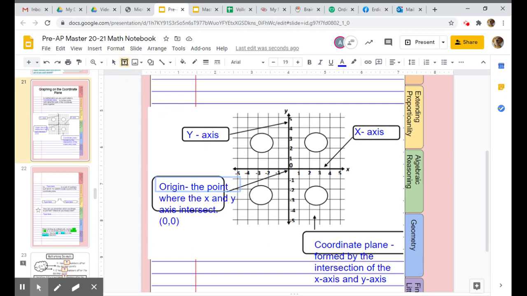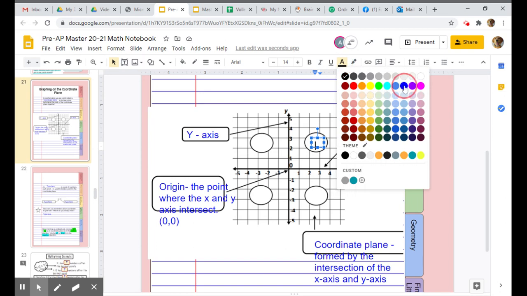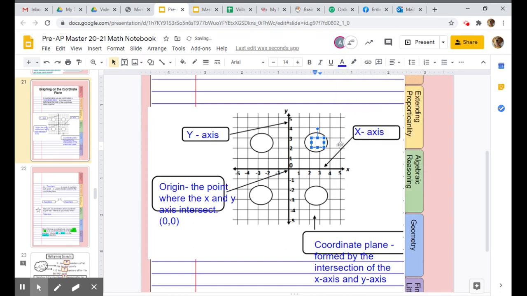Okay. Now, if you notice, our graph with those two lines is split into 4 pieces. In these 4 pieces, they have special names. Okay, they are called quadrants. So this first quadrant right here in the upper right-hand corner is called quadrant 1, and we're going to label these with Roman numerals.